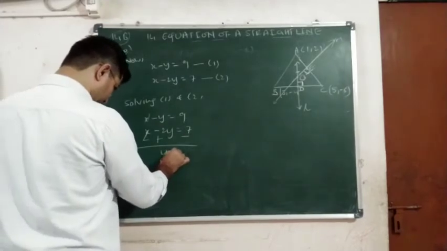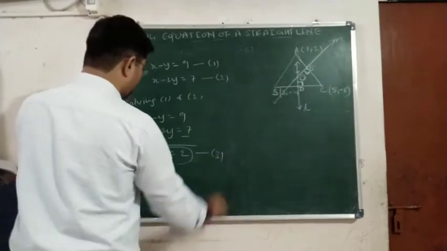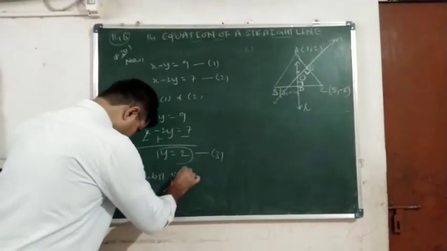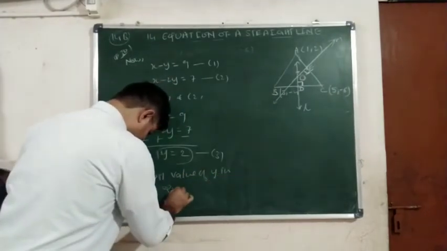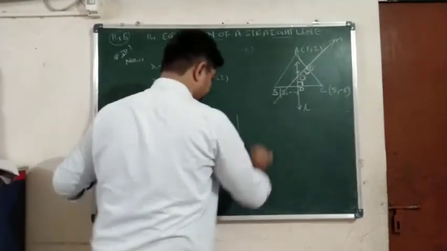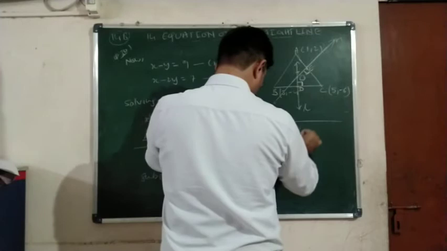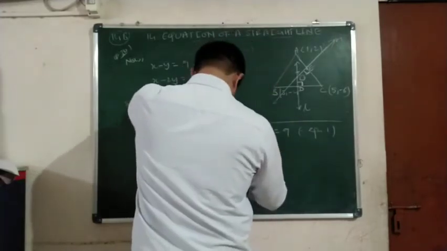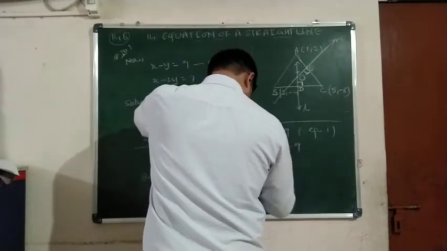Subtracting, we get y equal to 2. Now substituting the value of y in equation 1: x minus y is equal to 9. This is equation 1, and y is 2, so x minus 2 is equal to 9.